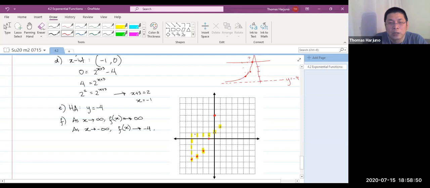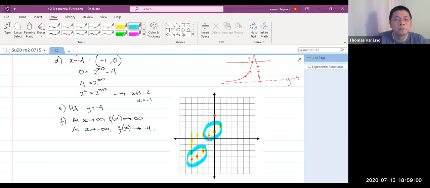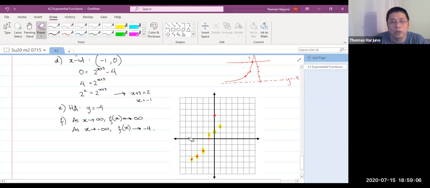So you see that these 3 important coordinates for 2 to the x now move here. That helps us to plot the coordinates even better later on. Let me just leave them there.